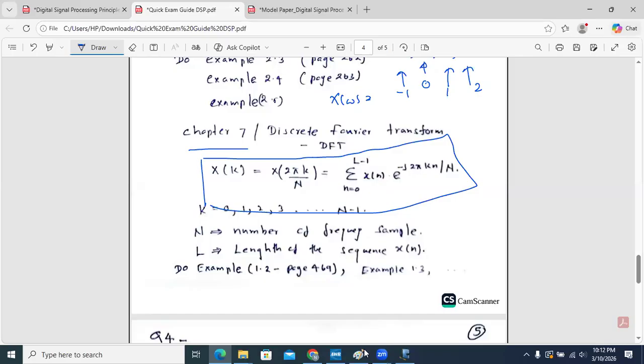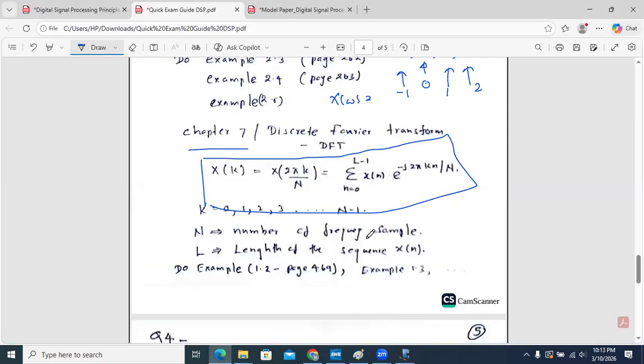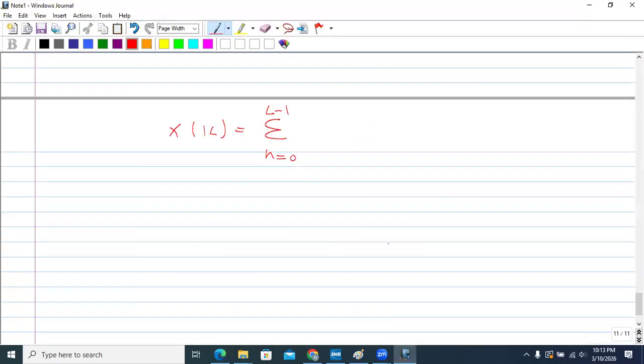Sum n from 0 to N minus 1 of xn e to the power minus j 2 pi kn divided by N. So this is you need to find. Okay, so this is very easy.